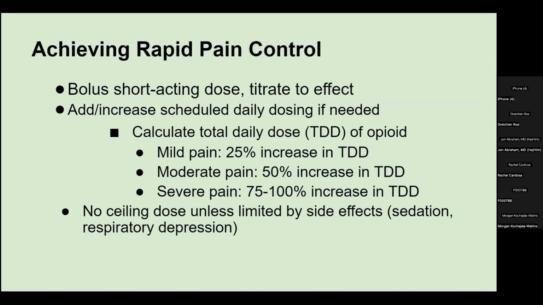And this is usually done in morphine milligram equivalents, or MMEs. And if they're in mild pain that's not controlled, you can increase your total daily dose by 25%. If it's moderate pain, 50%, and severe pain, you can increase it by up to 100% of what they were on the day before. And really, there's no ceiling dose, except that which is limited by side effects of sedation or respiratory depression.